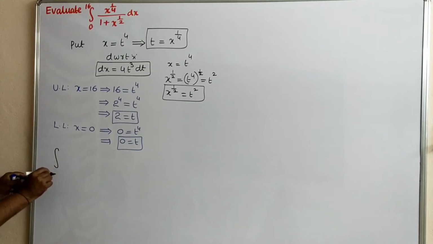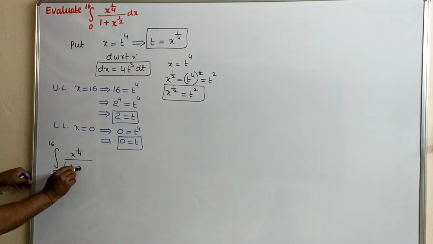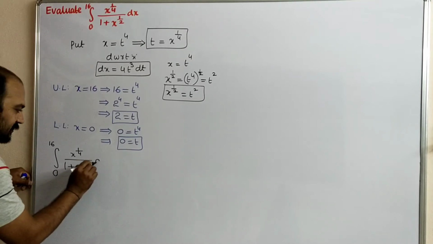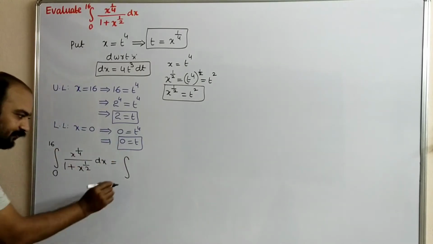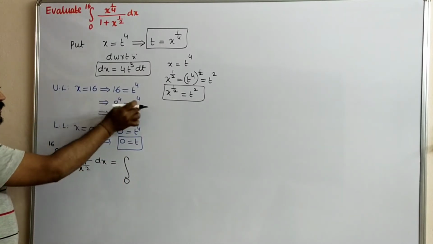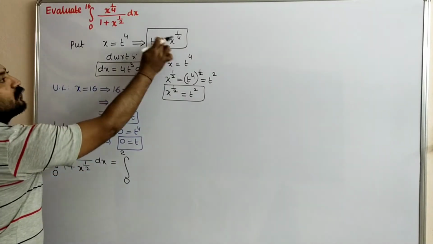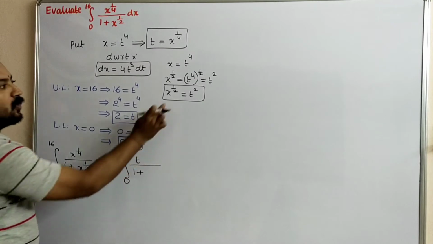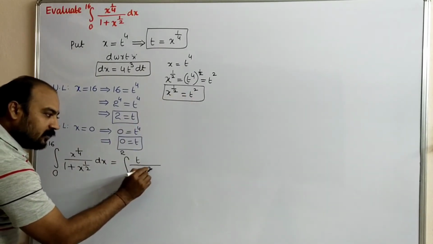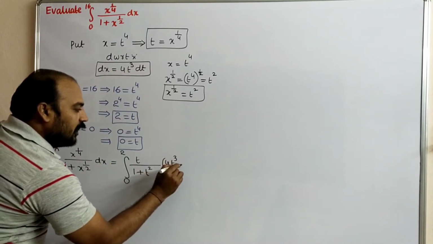Integral 0 to 16 of x power 1 by 4 divided by 1 plus x power 1 by 2, dx is equal to the integral with the limits changed: lower limit 0, upper limit 2, of t, which is x power 1 by 4, divided by 1 plus t square, which is x power 1 by 2, into dx, which is 4t cube dt.